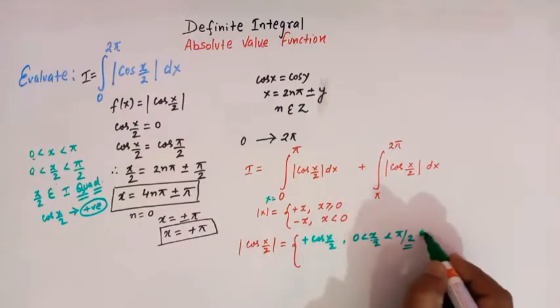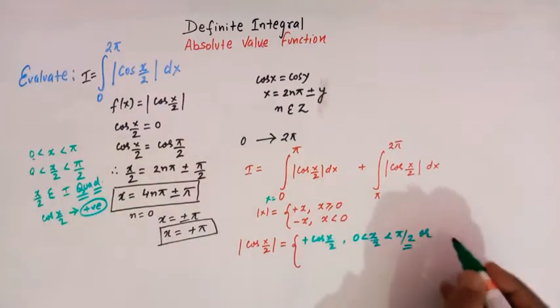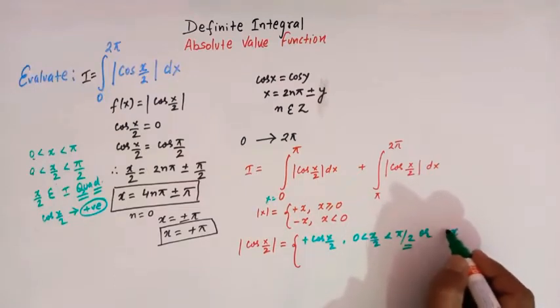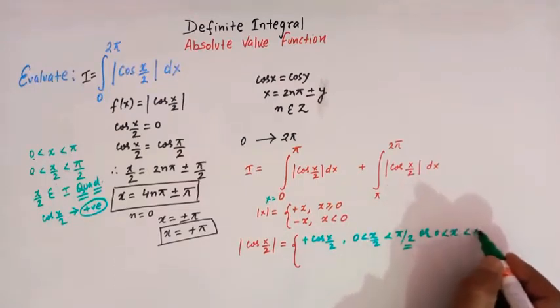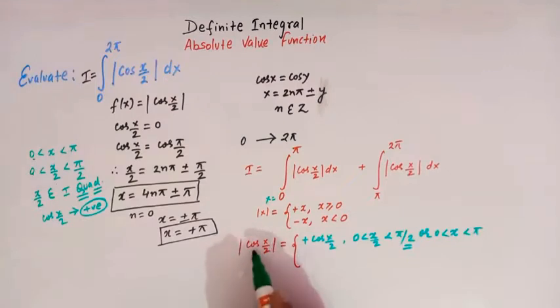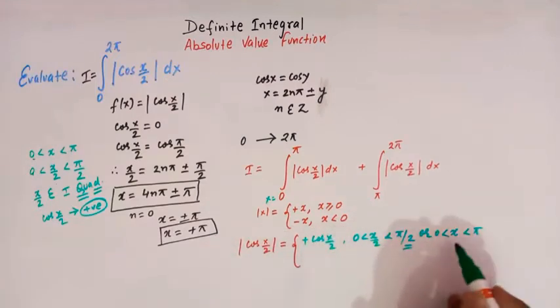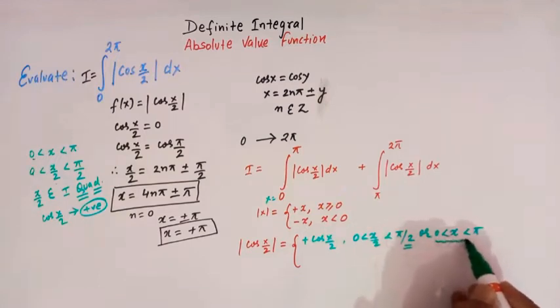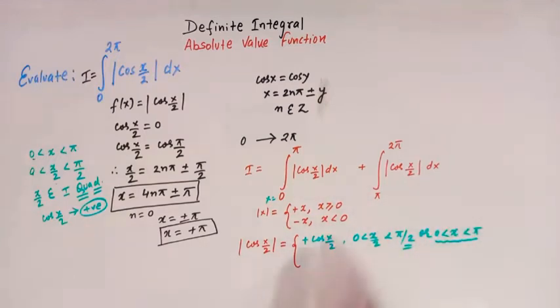Or in other words, we can also say that when x lies between 0 and pi, mod of cos x over 2 is positive cos x over 2. In that case, x over 2 belongs to 0 to pi by 2, right?